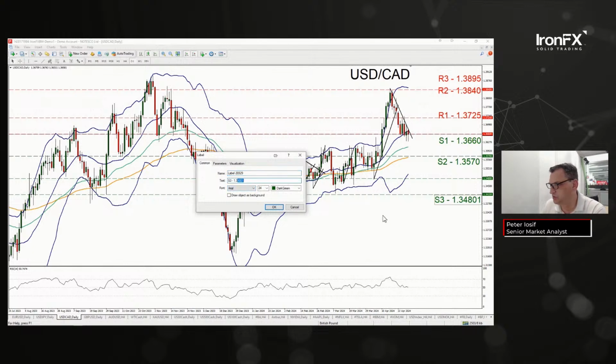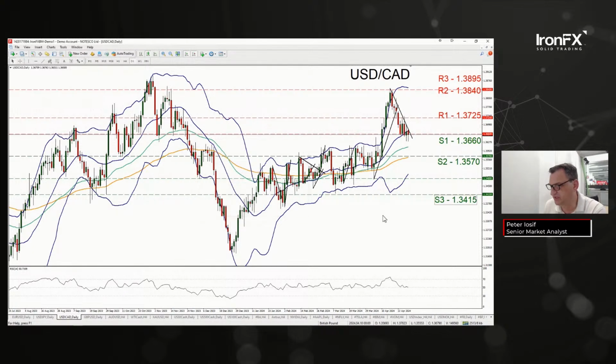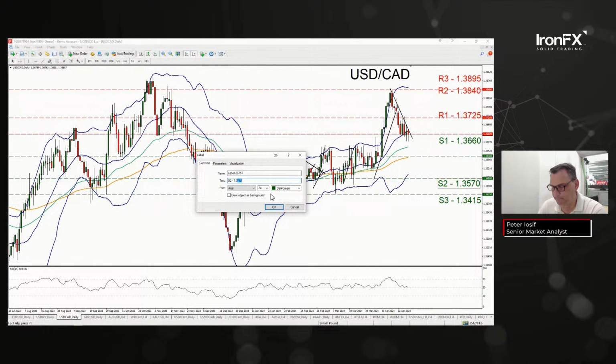Starting with the S3, which is now being placed at 1.3415, as we have mentioned. The S2 at 1.3480.